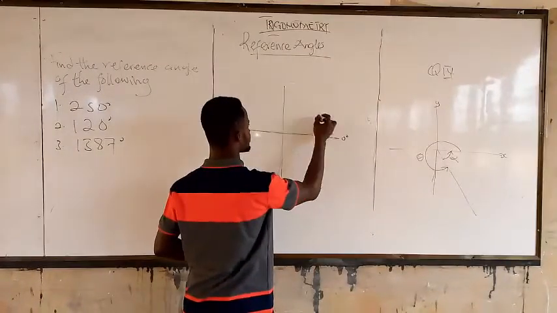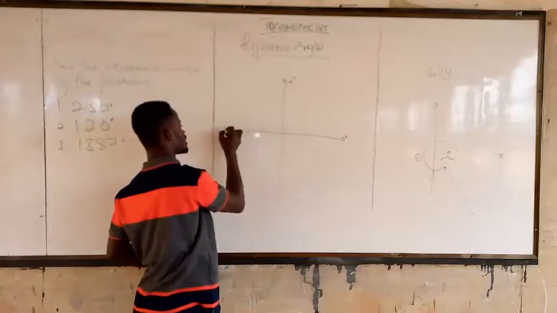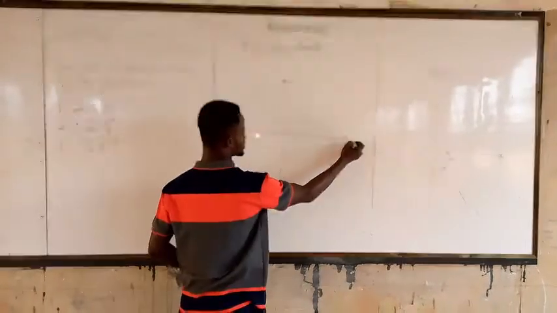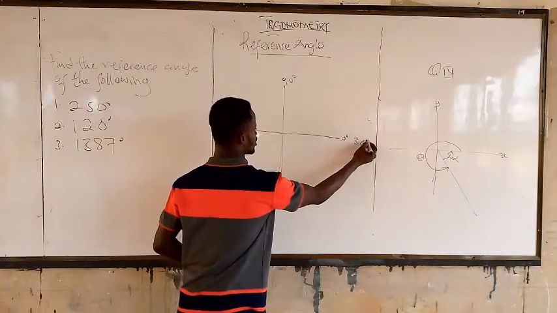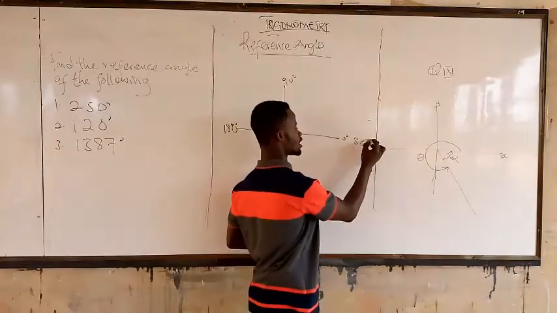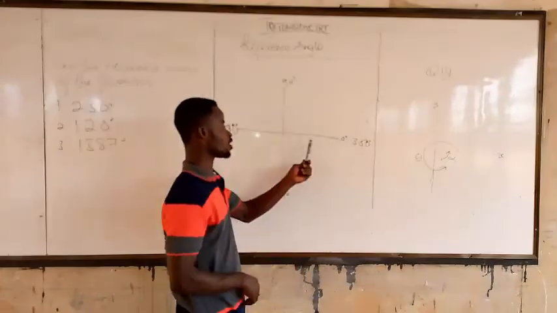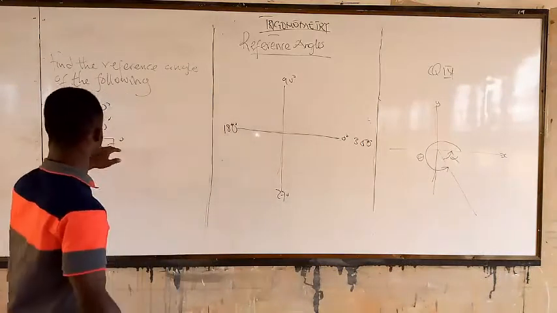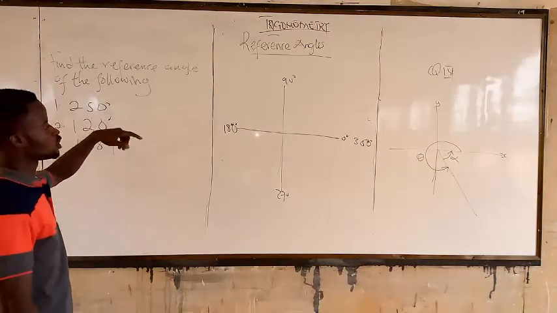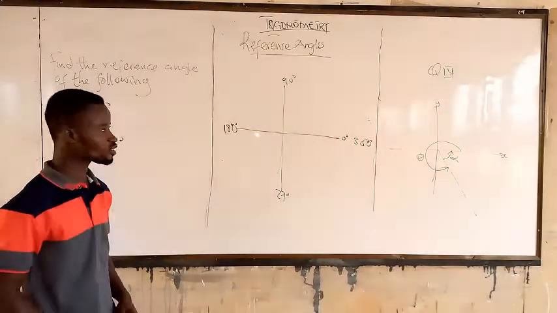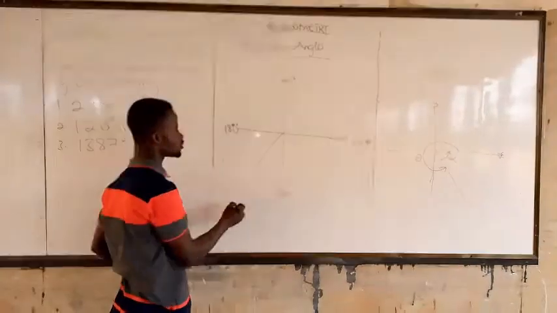Here is 0 degrees, here is 90 degrees, here is 180 degrees, here is 270 degrees, here is 360 degrees. You know that 0 degrees and 360 are coterminal angles, so they are on the same terminal side. Where do you think 250 will be? 250 cannot fall in the second quadrant, it will rather fall in the third quadrant.